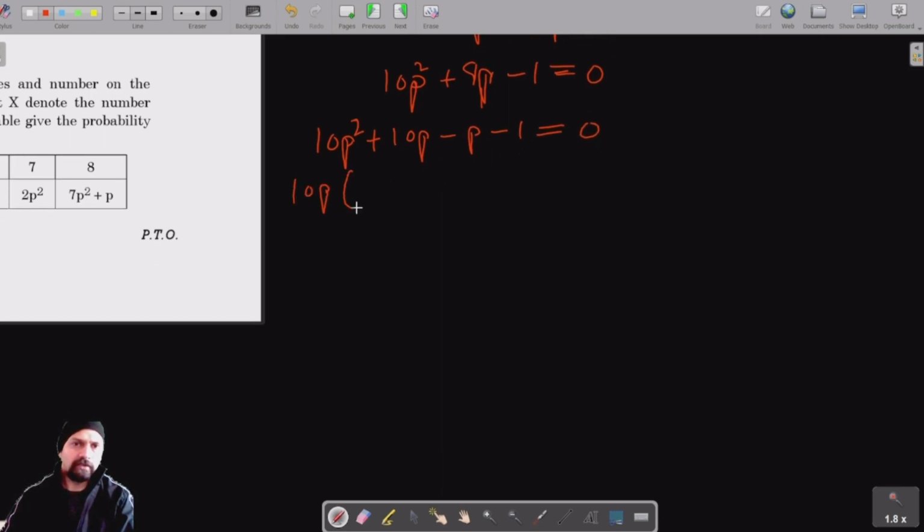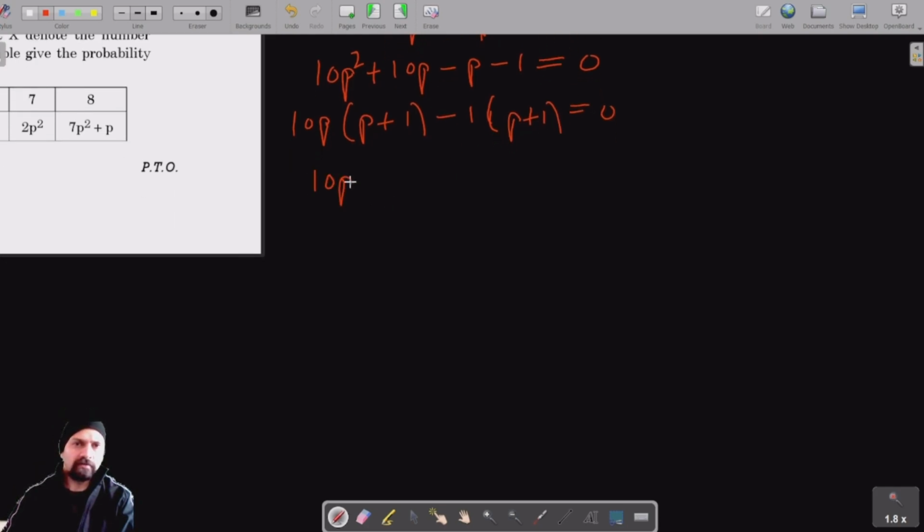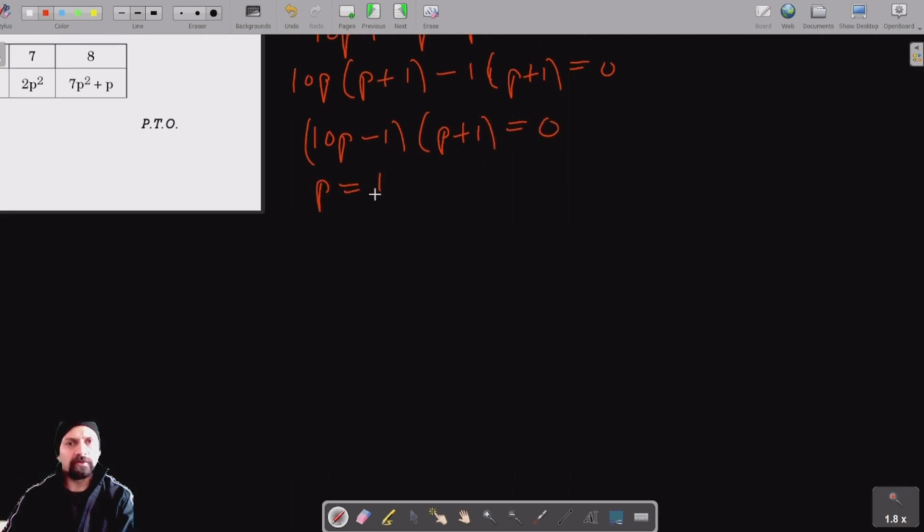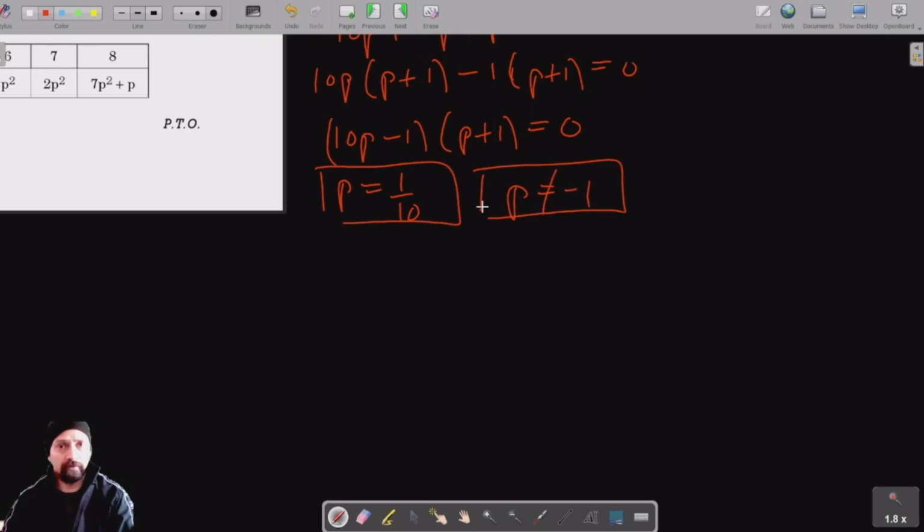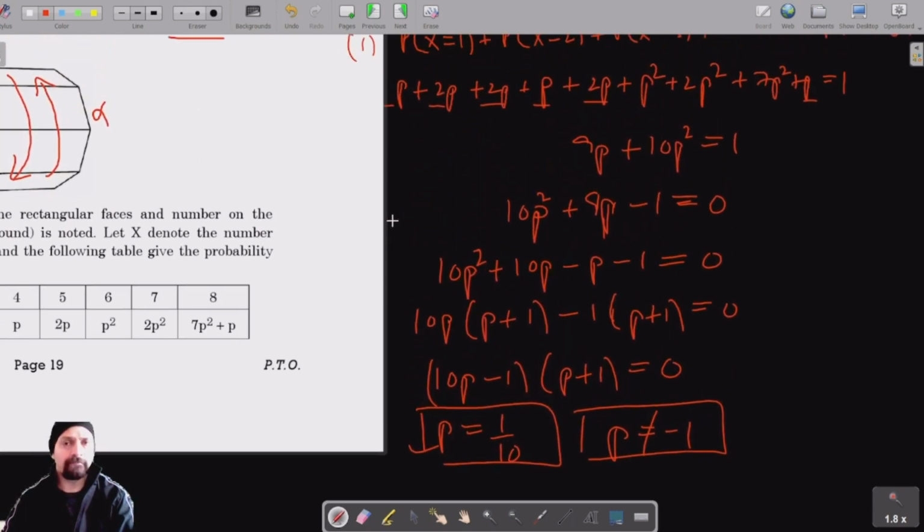Common here is 10p, so this is p plus 1, and minus 1 is common, which is p plus 1 equal to 0. So this is 10p minus 1 into p plus 1, which is equal to 0, which gives us p equal to 1 by 10 and p equal to negative 1. p cannot be negative, so the value of p is 1 by 10.